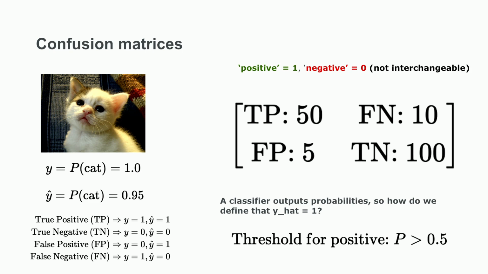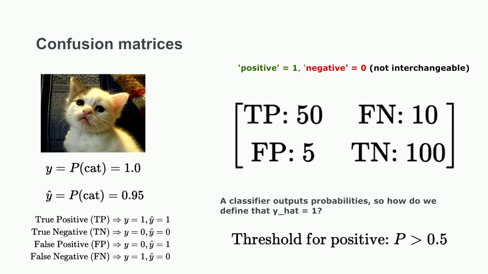We're going to have 165 test cases, 165 images of CATs and non-CATs, and we're going to have 50 true positives, 50 real CATs being correctly identified, 100 true negatives. This means 100 non-CATs saying that they are non-CATs, 100 images of dogs, for example, where we label them as non-CATs.